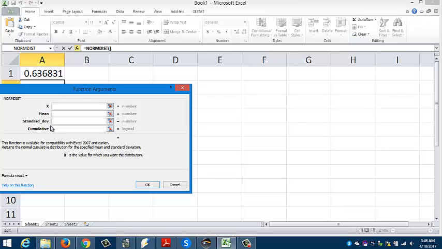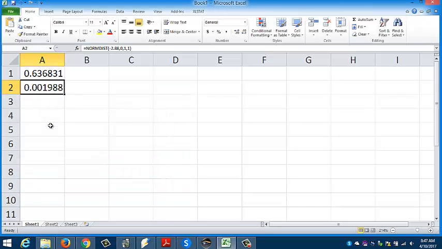I'm going to say negative 2.88. That's the left-hand limit, right? The mean should be 0. The standard deviation should be 1. Do we want cumulative? Yes, so I hit a 1. Enter. And it says my answer is about 0.002, right?